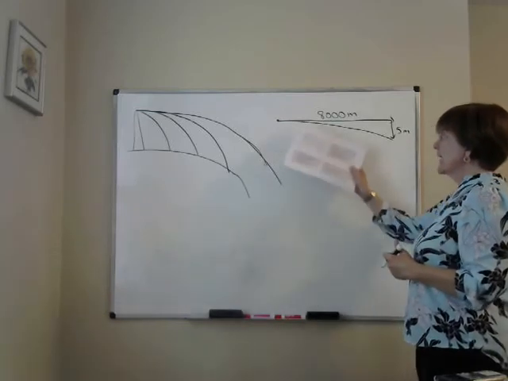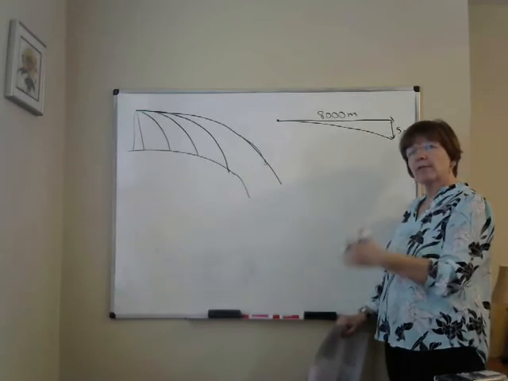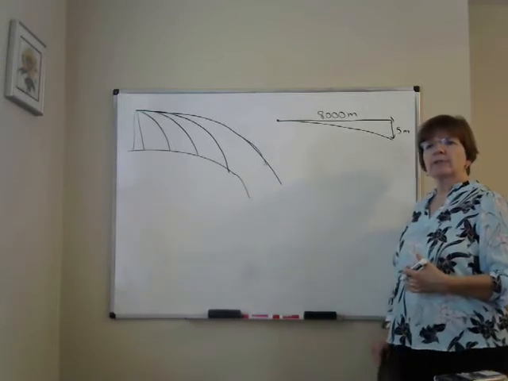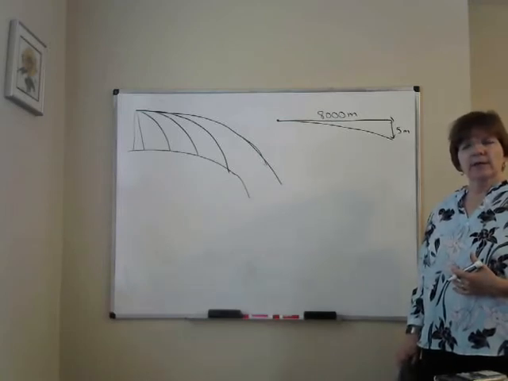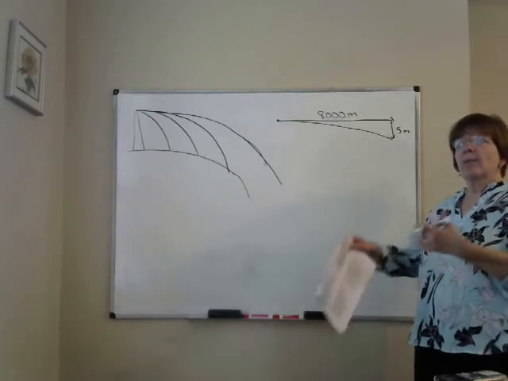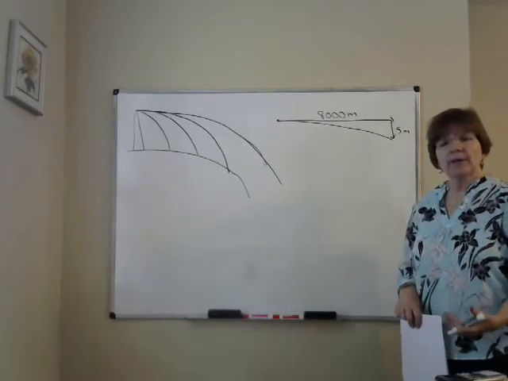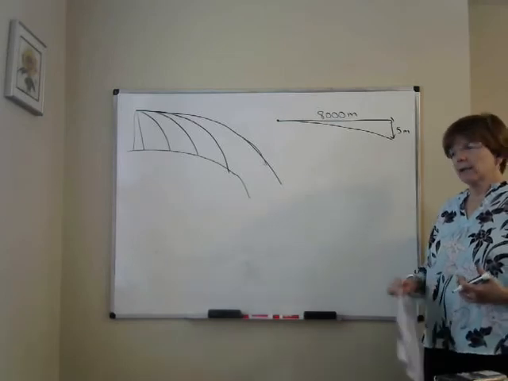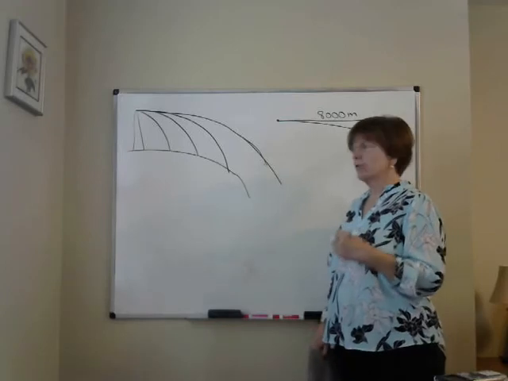Well, if you're going 8,000 meters per second, you're going to travel 8,000 meters horizontally, you're going to drop 5 meters, you're not going to be any closer to the Earth than you were a minute ago. And if you go another 8,000 meters, you're still going to drop another 5 meters. You're not getting any closer to the Earth because you have such a high tangential velocity.